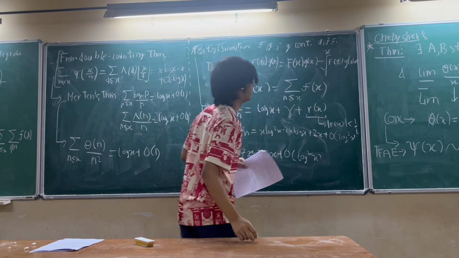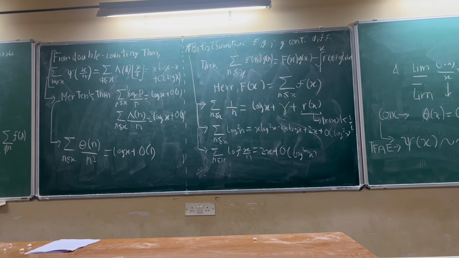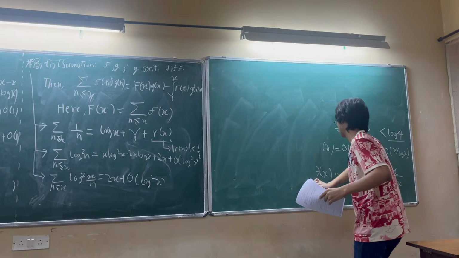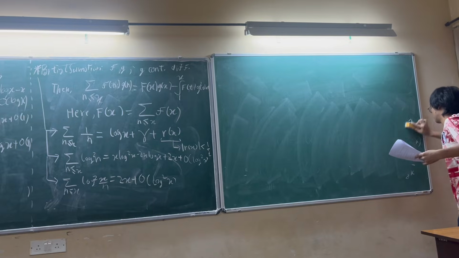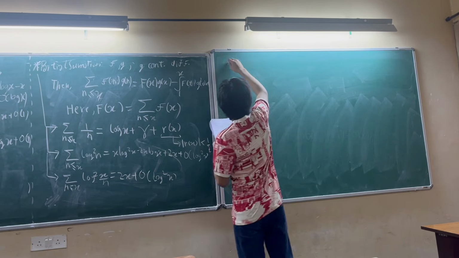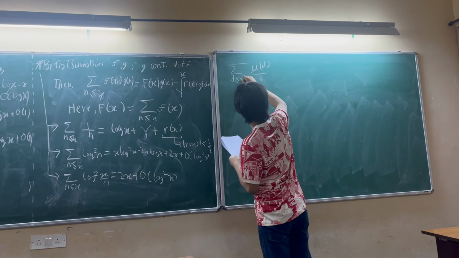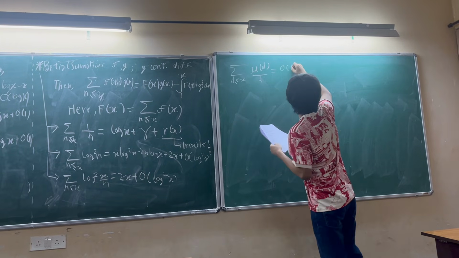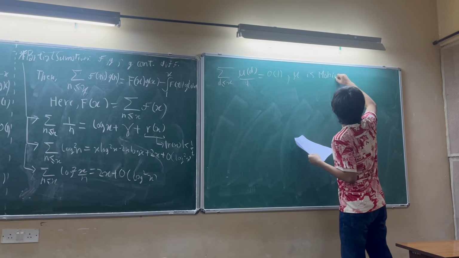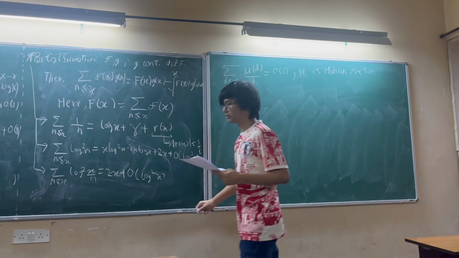I don't think this will be visible, so I'll write it on the other board. The final result that we need is that summation mu(d) by d, d less than equal to x, is of the order of 1, where mu is the Mobius function. Alright, we know what the Mobius function is.